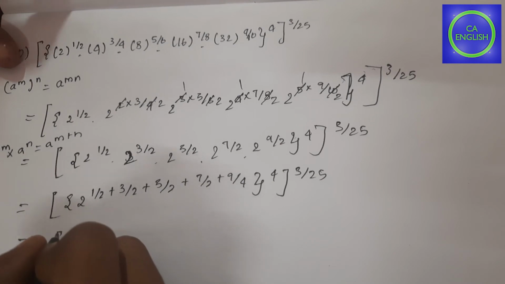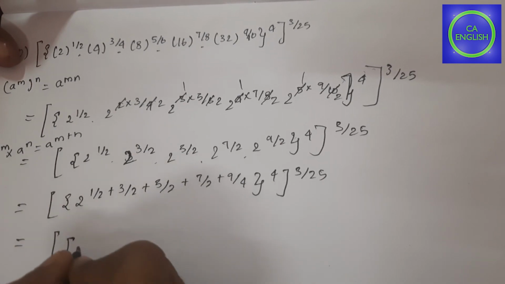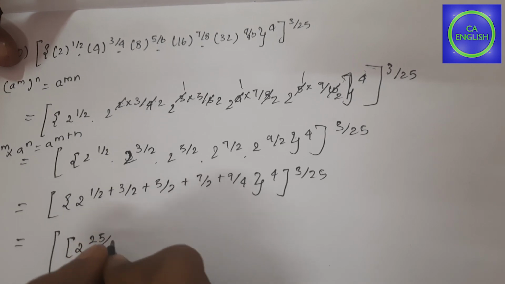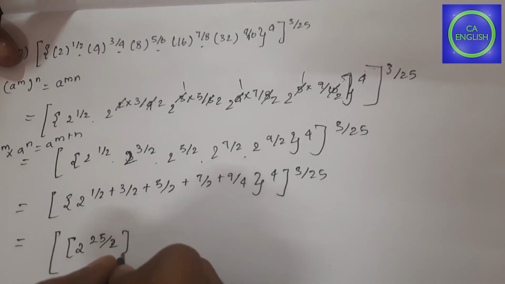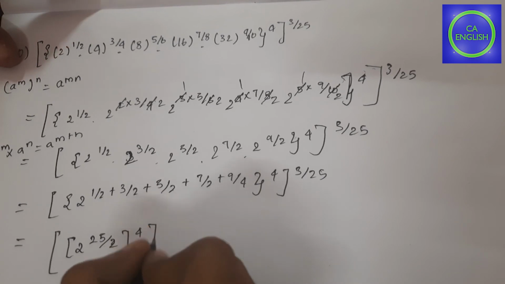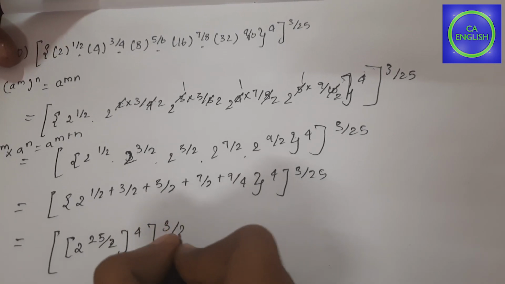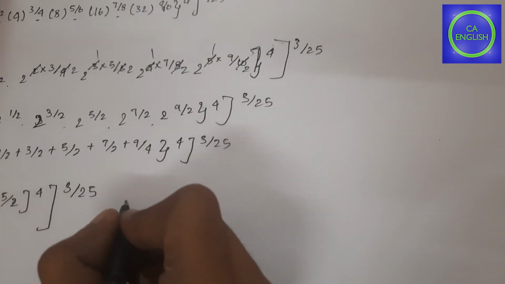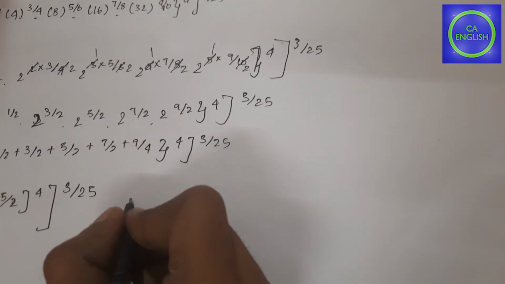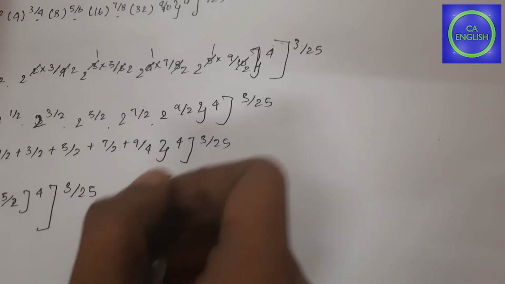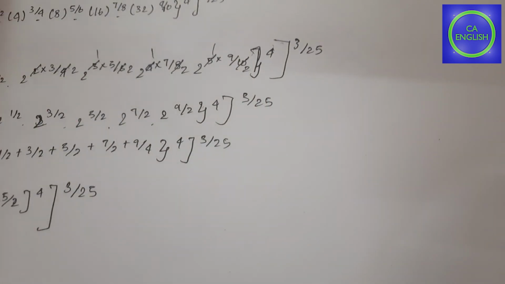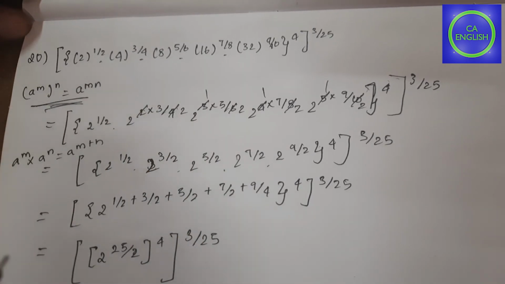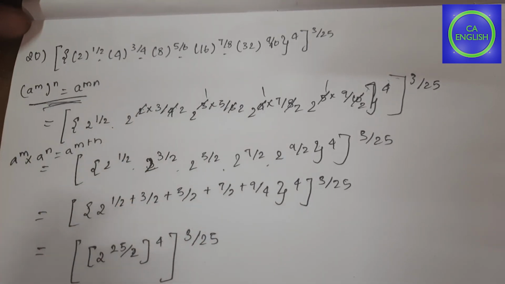Next we are going to solve: 2 power 25 by 2, the whole power 4, the whole power of 3 by 25. Okay, and the next step I am solving here. Now we are going to use this law again: a power m the whole power n is equal to a power m into n.